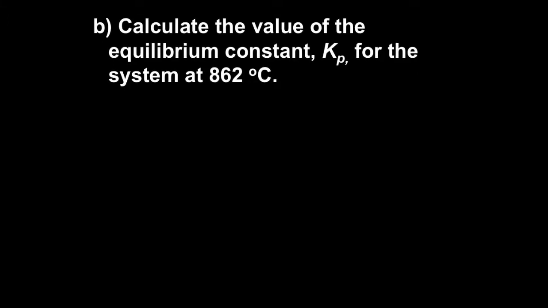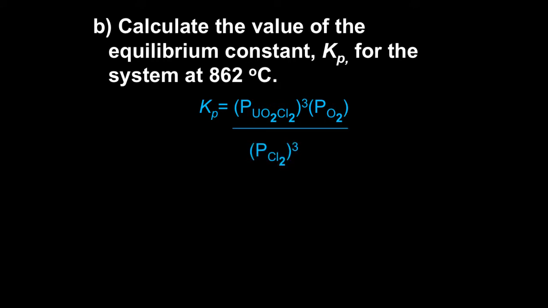Question B. Calculate the value of the equilibrium constant Kp for the system at 862 Celsius. So this question is easy. The value that we just found from doing ICE, we calculated the partial pressure of UO2Cl2, that's the 3x part, and then we're going to cube that, which is 9x cubed.